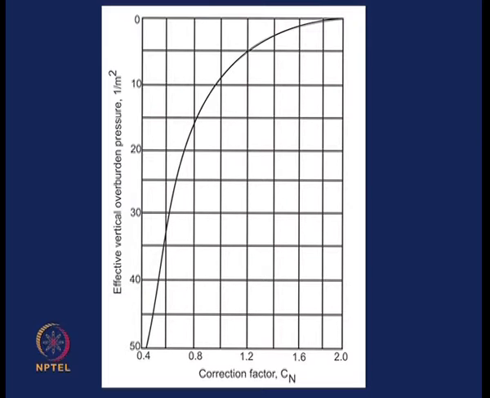If this effective overburden pressure increases from 10 to say 20 or 30, then the correction factor will decrease, and if this value decreases, then the correction factor will increase.